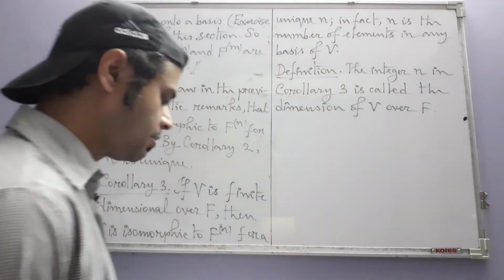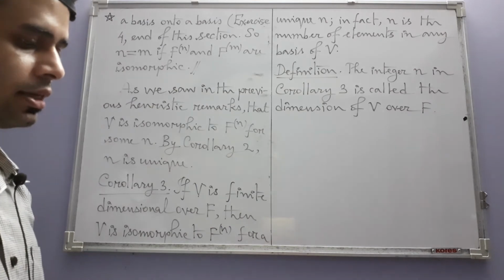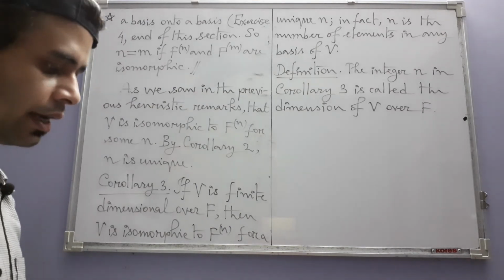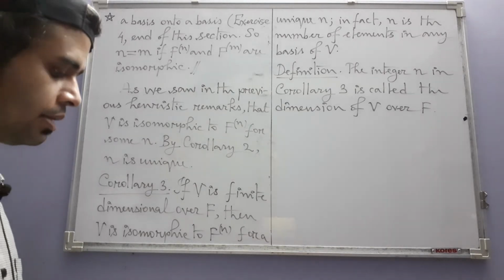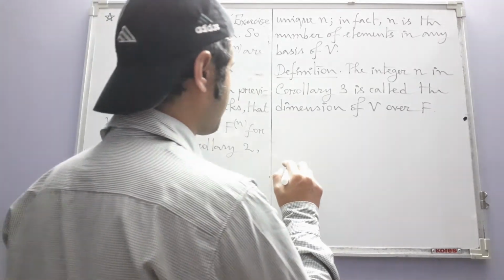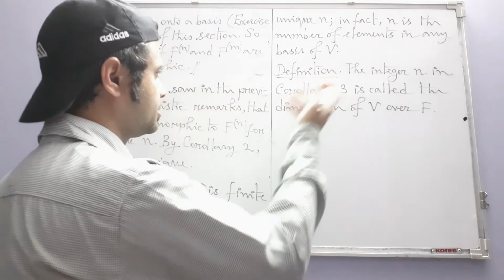The dimension of V over F is thus the number of elements in any basis of V over F. Yes. We have already said that here.